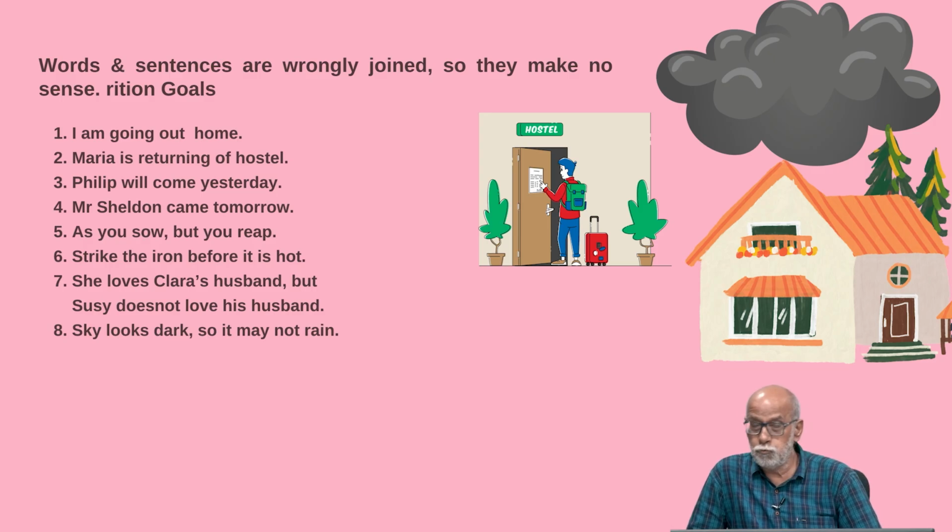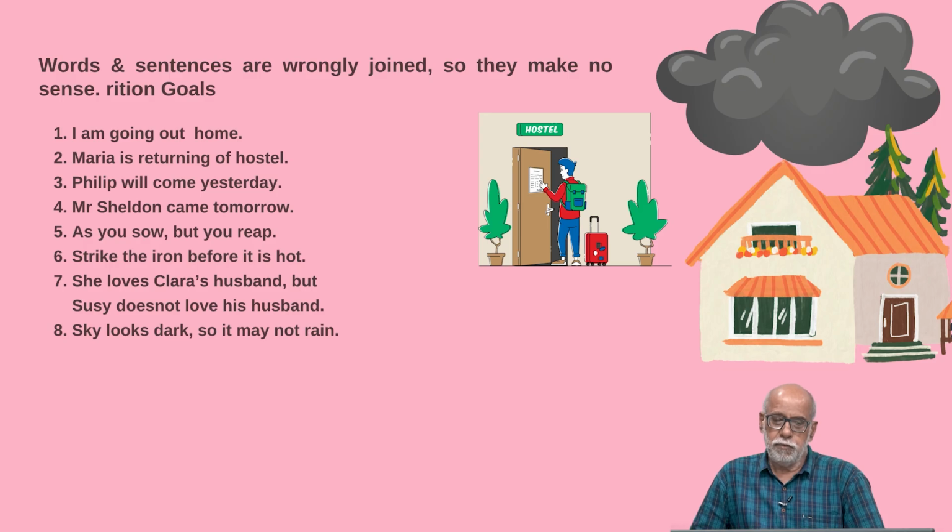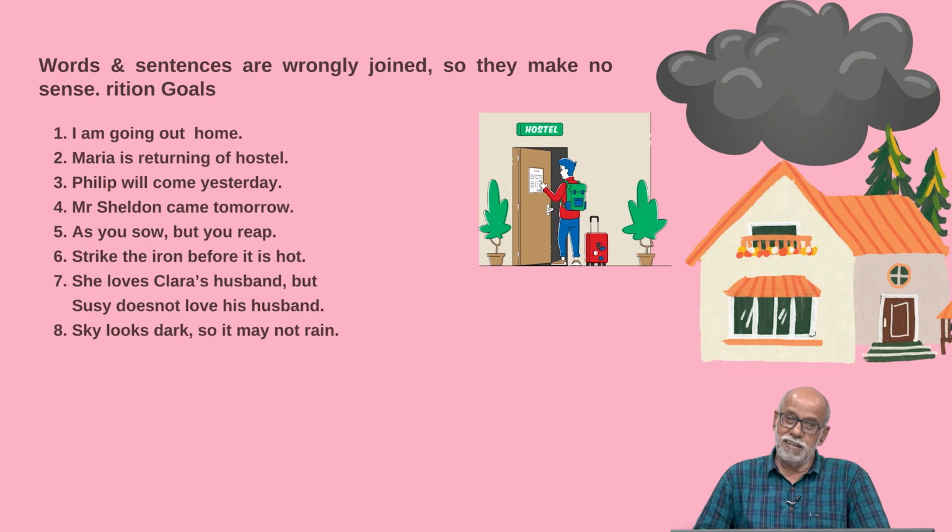Even if you have the right words, if their spelling is okay, if they are simple, commonly used, familiar words, even then if these words are not joined with one another with the right kind of joining words, these joining words are called connectors, if they are not connected with one another in the right manner, then there can be huge misunderstanding.